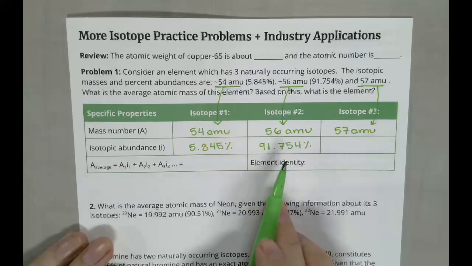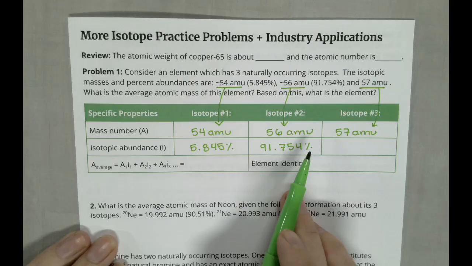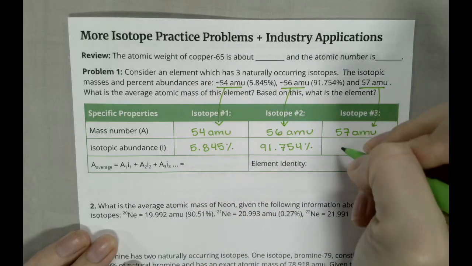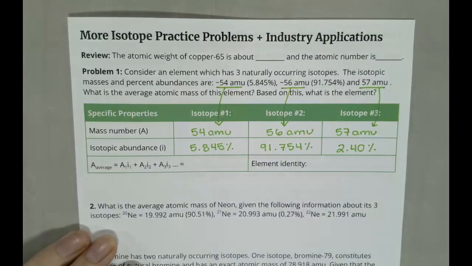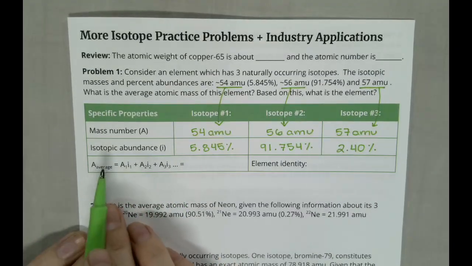So we can do this math pretty easily. We're going to do 100% minus 91.754 minus 5.845. When we do that, we get 2.40% abundance.